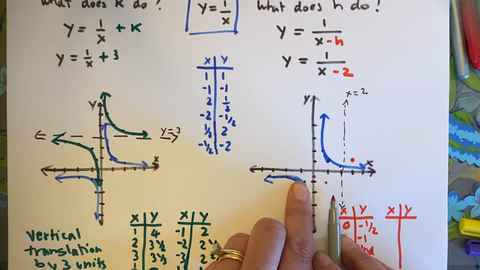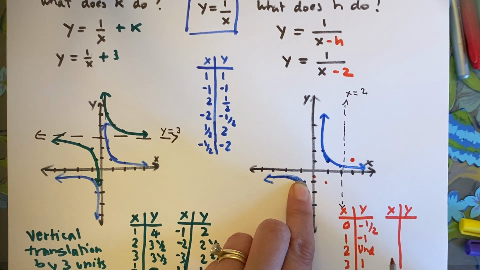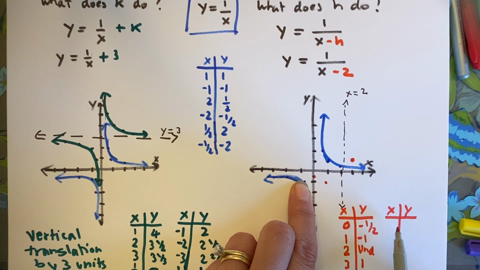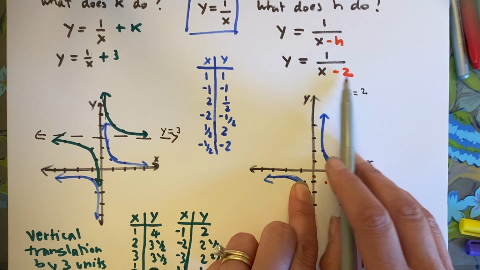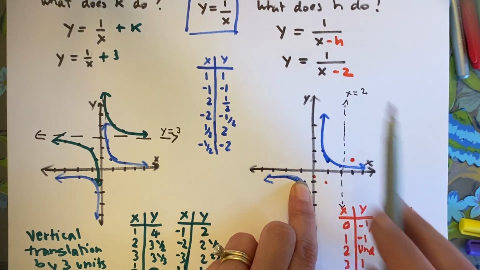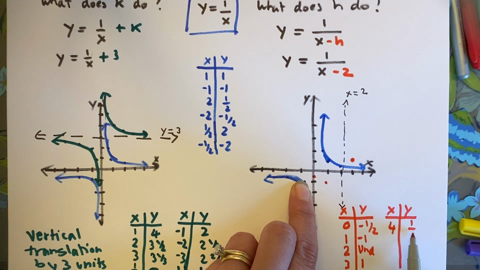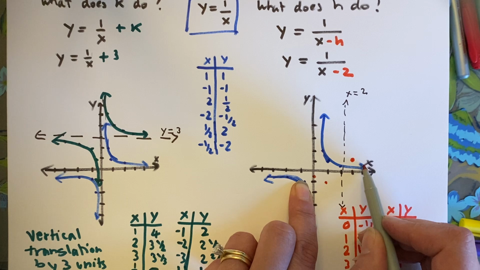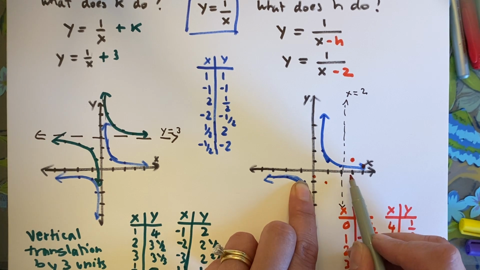Maybe find another point here and a couple more points here. So let me see. Since I only have 1 point here, let me find more. Let me try 4 in for x. 4 minus 2 on the bottom is going to give me 2, so that gives me a y of 1/2.